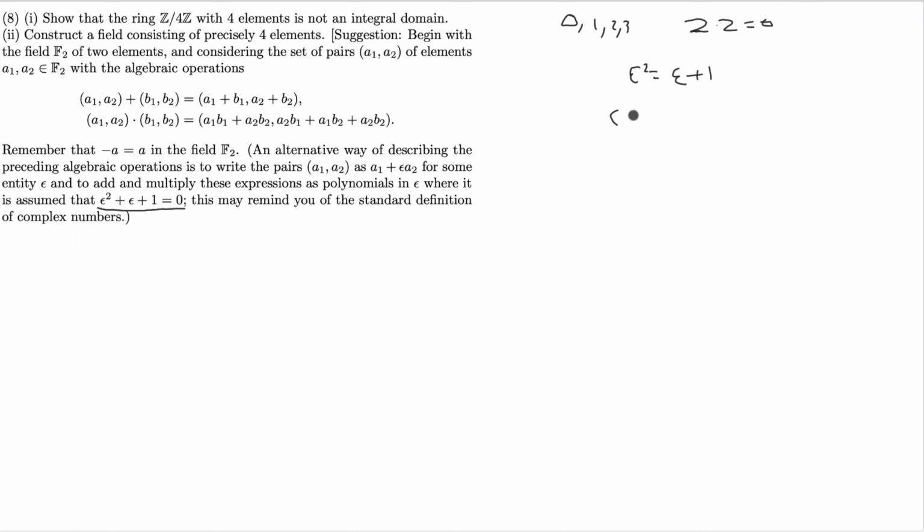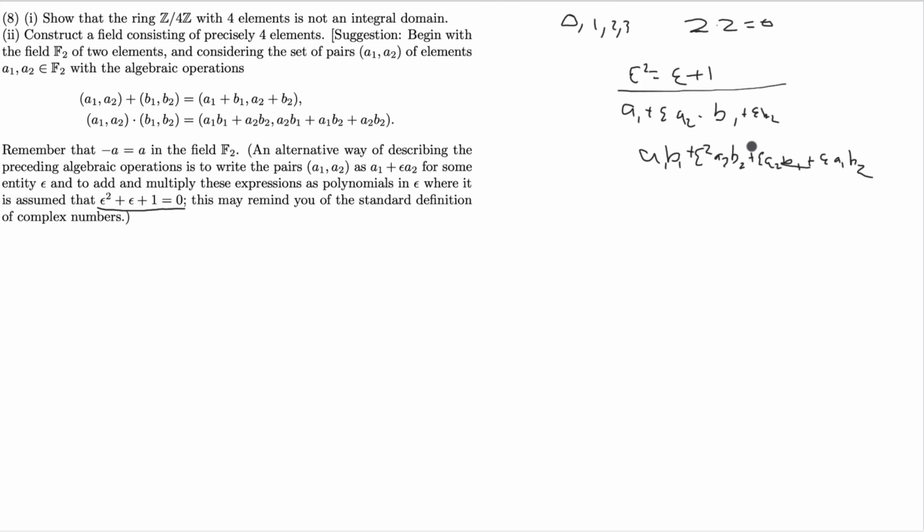So that's how you can generate the idea of this product rule, in the sense that if you simply FOIL out (A1, A2), let's write this in the way they want it, which is A1 plus epsilon A2, times B1 plus epsilon B2, you see you'll get terms A1 B1 plus epsilon squared A2 B2 plus epsilon A2 B1 plus epsilon A1 B2. And the way you recover this is you use this identity.